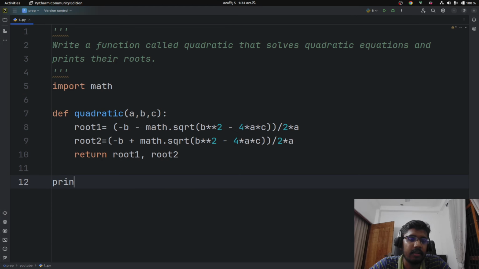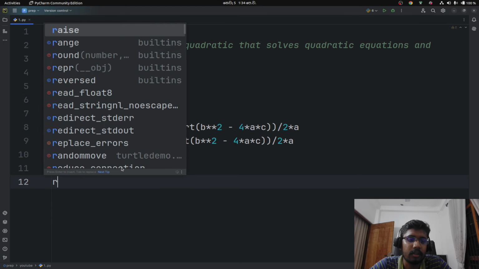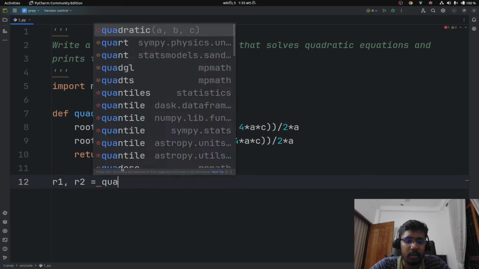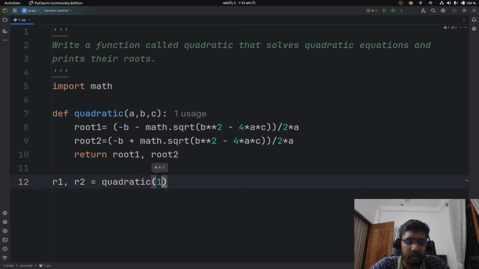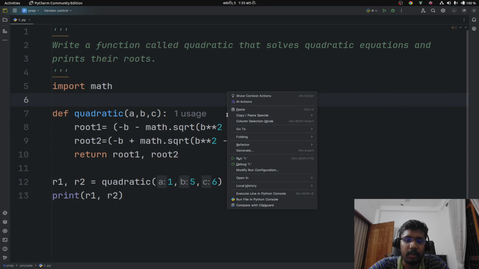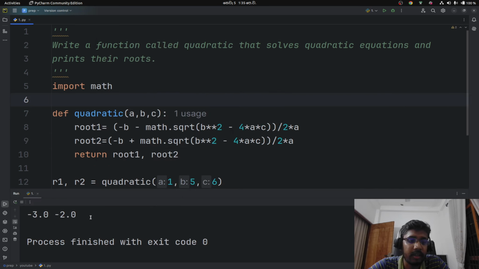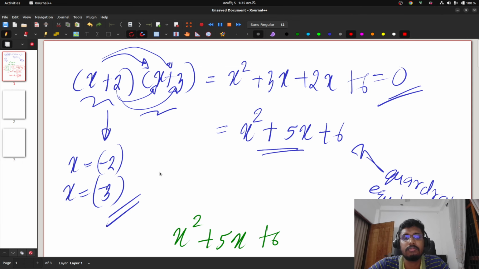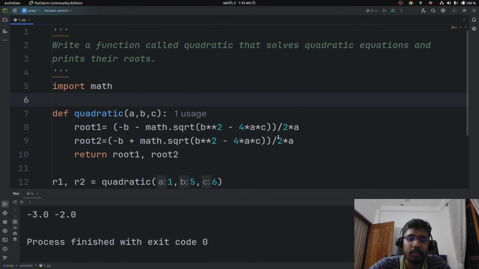I give this r1, r2, that's the root 1 and root 2 returned by the function quadratic(1, 5, 6). So if I print r1 and r2 and then run this, I get minus 3 and minus 2, which is equal to my roots. So nice. That's how you implement a quadratic equation solver in Python.